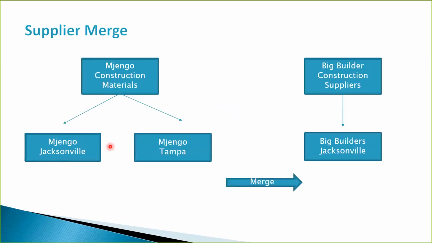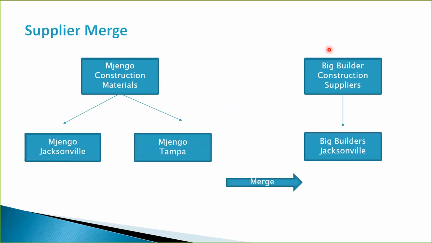In this other example, I am trying to demonstrate the case of an acquisition. So we had Mjengo Construction Materials, which was acquired by this new vendor, which you can call Big Builders Construction Suppliers.